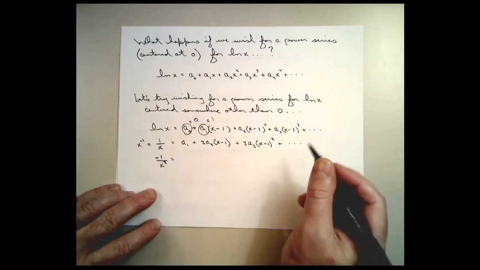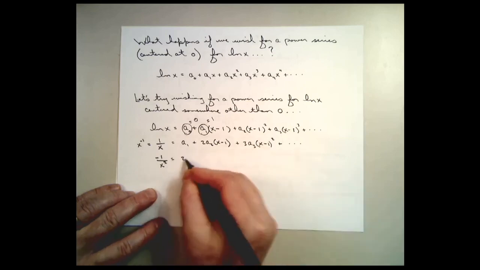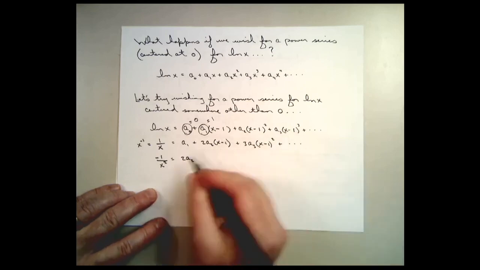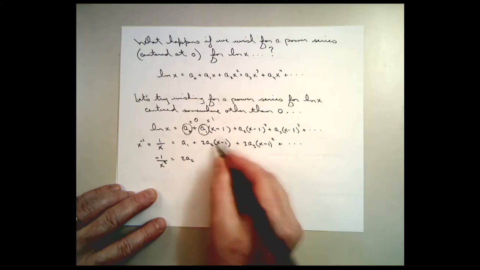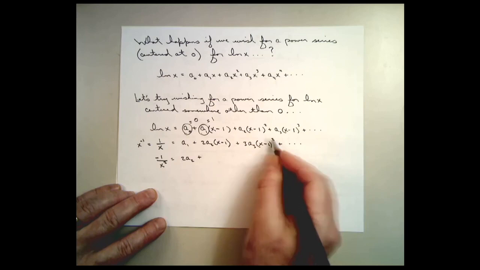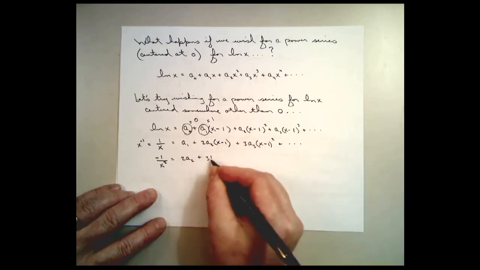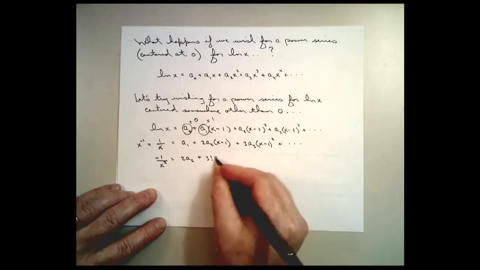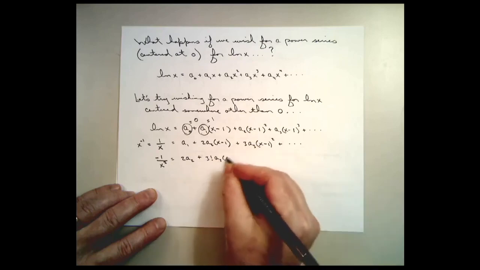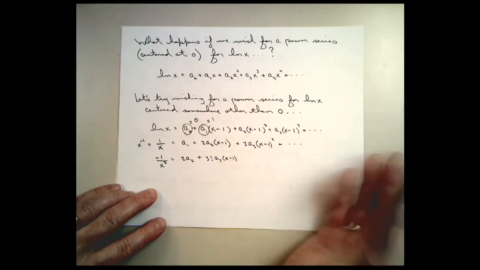Equal to, the derivative of this side is going to be 2a2 times the derivative of x minus 1, which is 1. It's going to be 2 times 3, which I'm going to write as 3 factorial, a sub 3 times x minus 1 to the first times the derivative of x minus 1, which is 1.